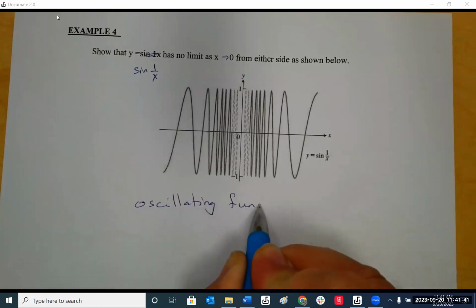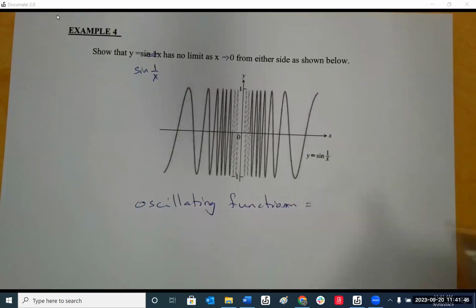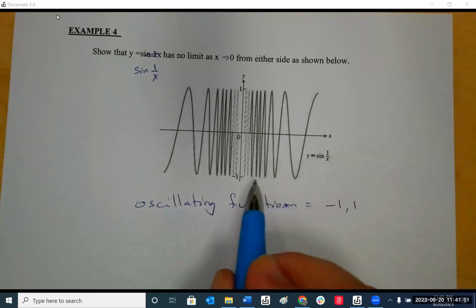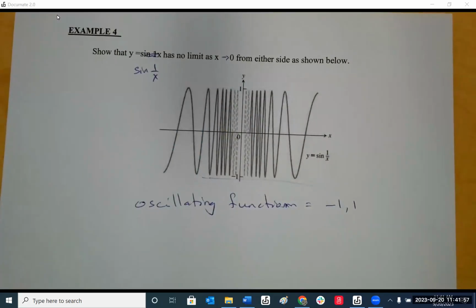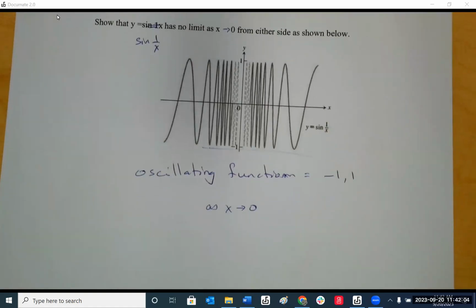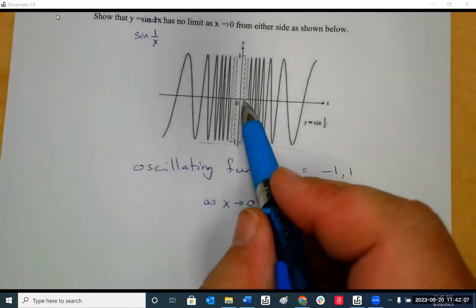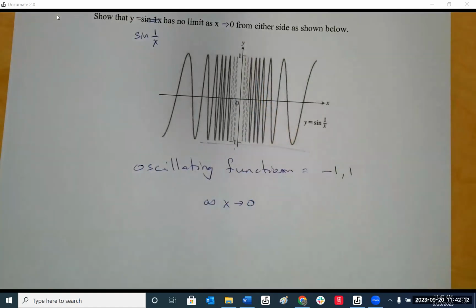This is called an oscillating function. It oscillates between what two values? Yeah, the lowest it goes is -1. And does it ever change from there? No, because as x approaches 0, what happens to this curve? At one point it's -1, at one point it's +1, at one point it's -1. So we don't know. So does this one have a limit? No, because it oscillates between two different points.